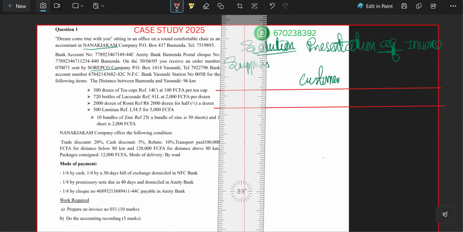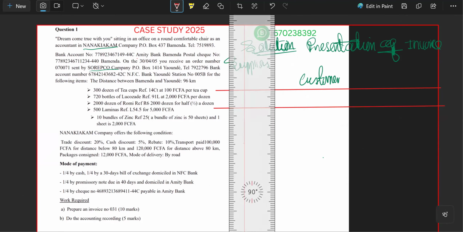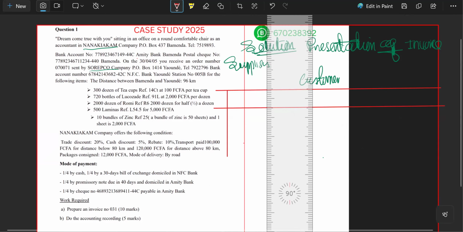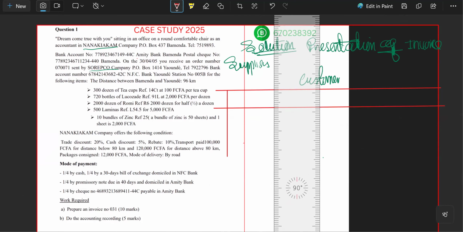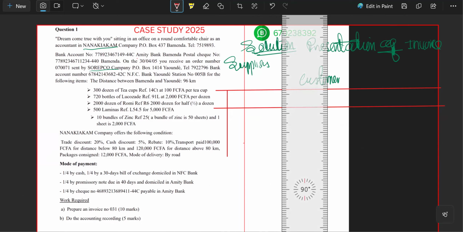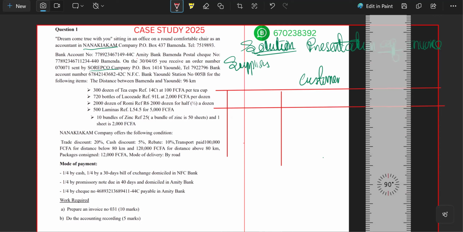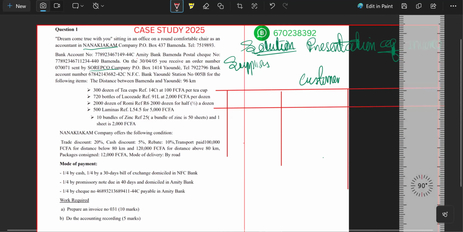So we're going to have straight away the quantity, the unit price here, and then we have the amount. So when we have our amount, we're going to have this as an amount. Okay, so let's go ahead.